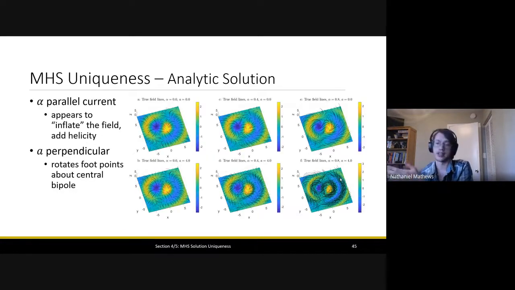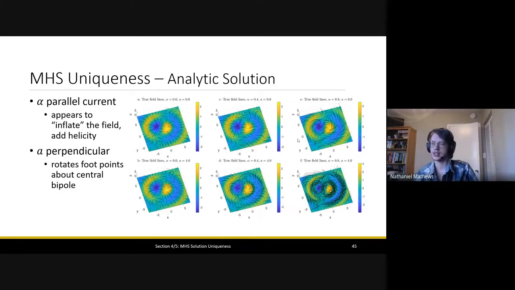But solutions look like this. Here the top row is when A is 0, the perpendicular current, the plasma forcing is 0. And as we go left to right, I'm increasing alpha, the current that's parallel to the magnetic field. And basically what we notice here is that as we increase alpha, we're twisting the foot points around the central dipole.